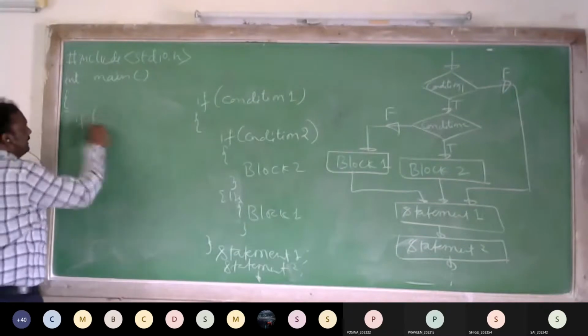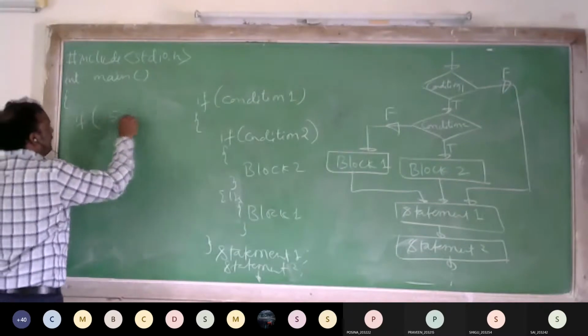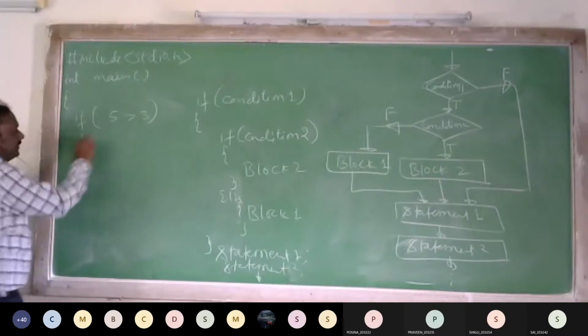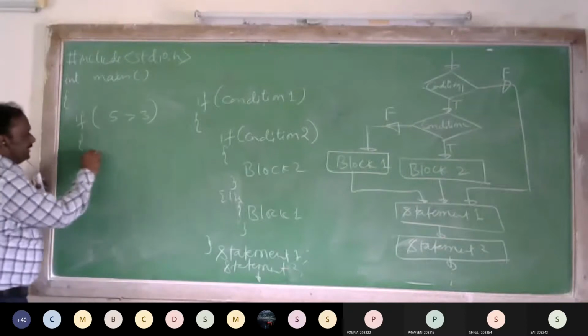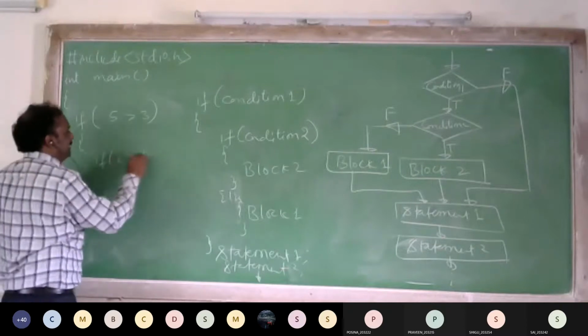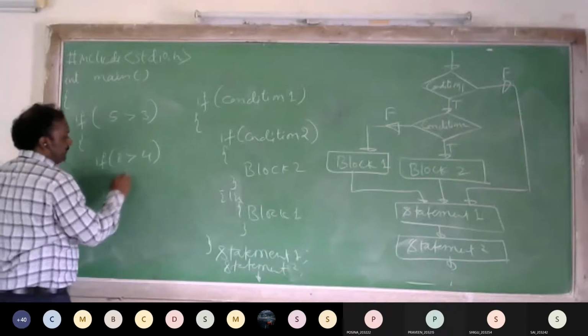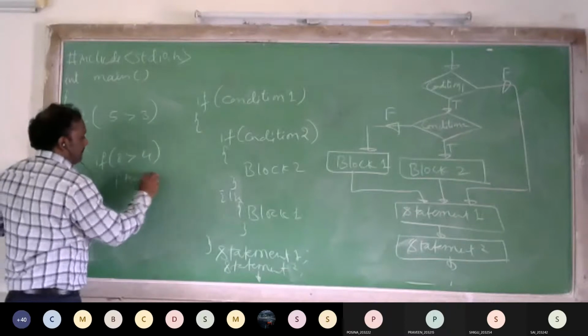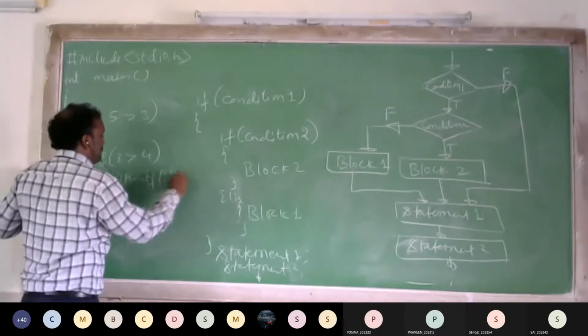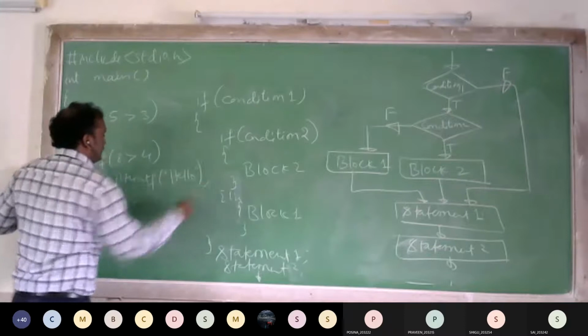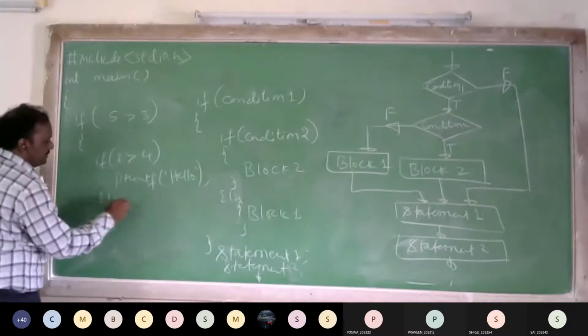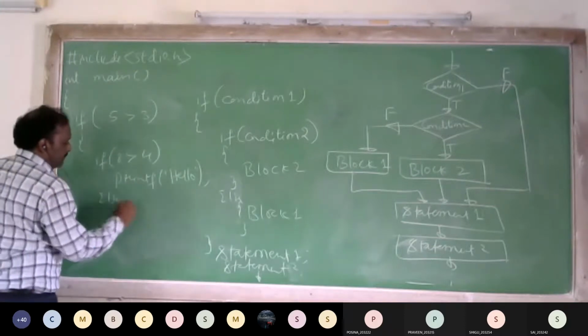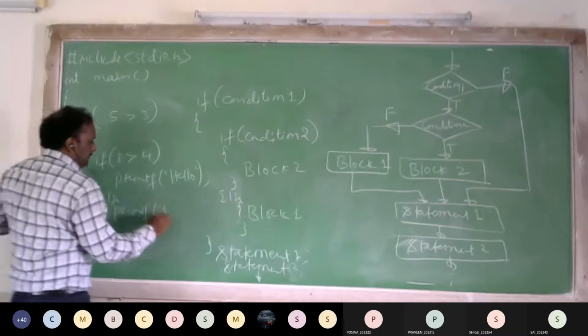Now I will write the nested if else. If 5 greater than 3, if 8 greater than 4, printf hello. Else printf hi.